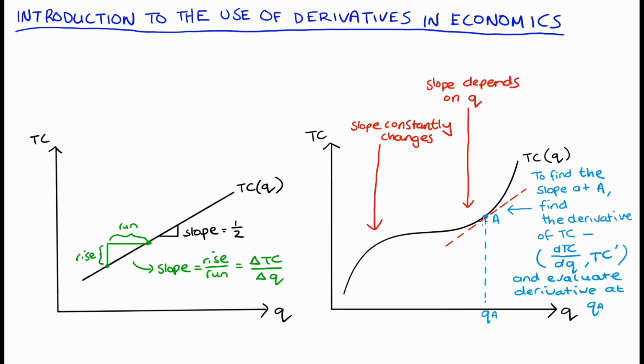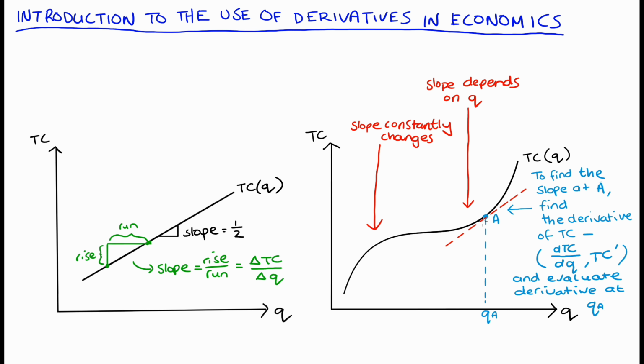Now, to take the derivative of a function, we need to apply some rules that I will talk a little bit about in this video, but more in the next videos. Just conceptually though, I said before that we find the slope of a straight line by taking 2 points along our line and taking rise over run.